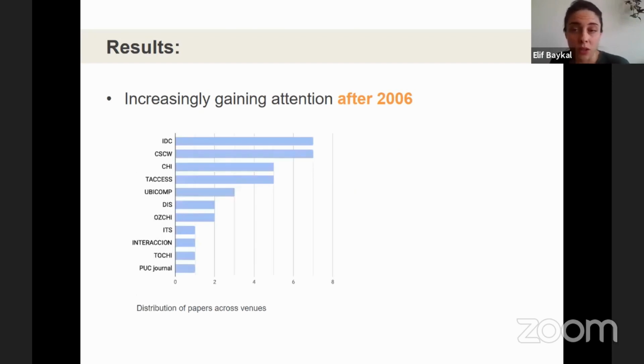If you look at the distribution across different venues, as might be anticipated, the Interaction Design and Children Conference, IDC, and the Computer Supported Cooperative Work Conference, CSCW, are the most represented conferences among ACM publications on this topic, and CHI follows them and comes third in the list.